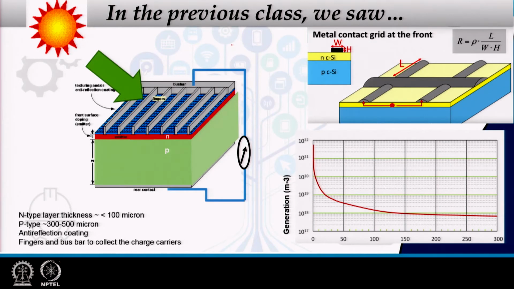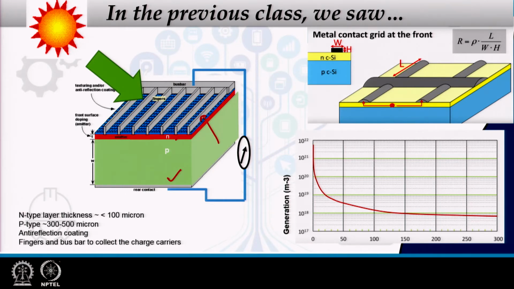So, in the previous class we have seen the fabrication of a typical silicon based p-n junction solar cell, where you have a p-type layer, an n-type layer, and then you have the fingers which are fabricated on the top using the technique of screen printing.